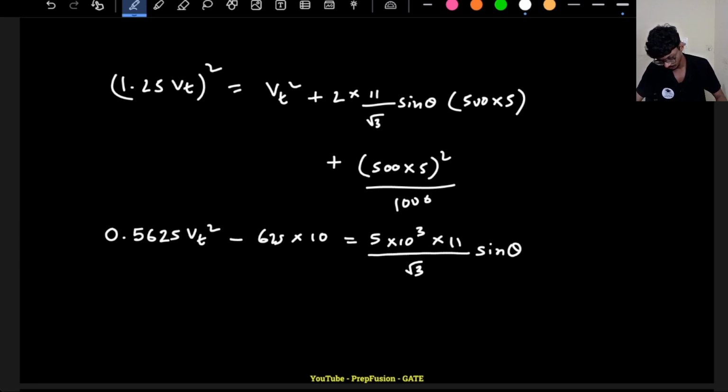Vt square, where Vt is 11 divided by root 3, into 0.5625.